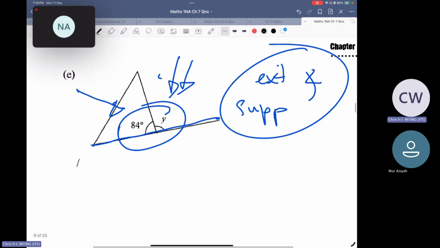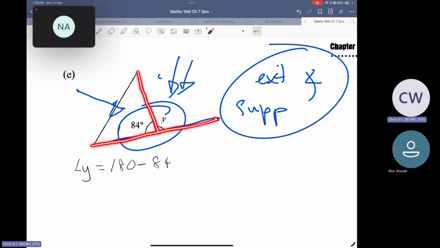What is y? Angle y equals a few things. You can say that angle y equals 180 minus 84. If you are using this, that will be supplementary angle, isn't it? Or you can also use exterior angle, since this is an exterior angle, right?